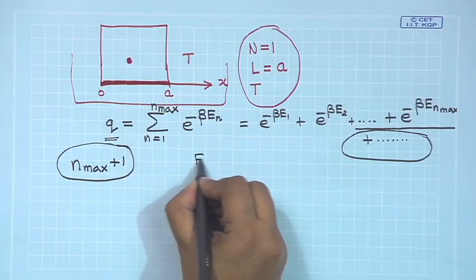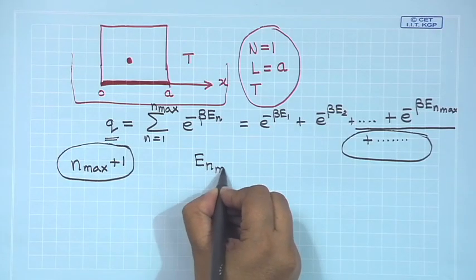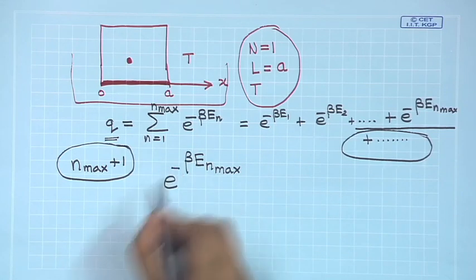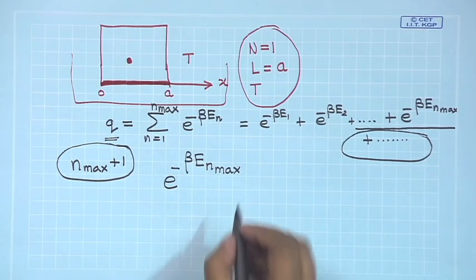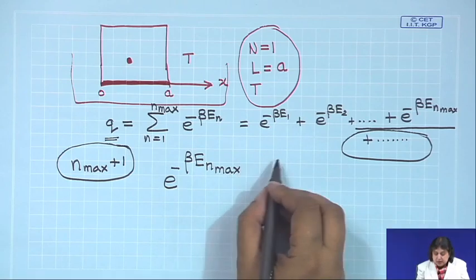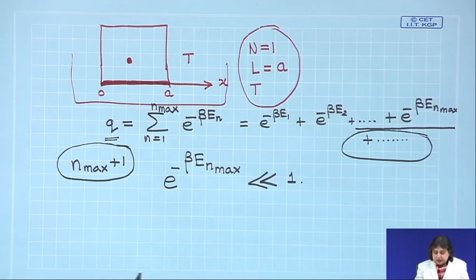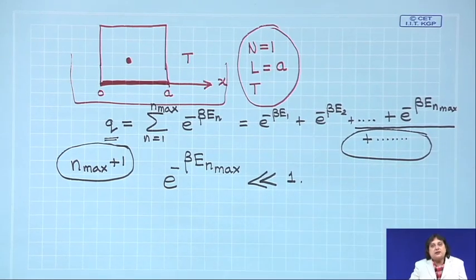So, the question that I have here is: beta E n max, when it is exponentiated like this, the number must be much less than 1, so that whatever other terms are there in this particular summation, they are going to be very insignificant.